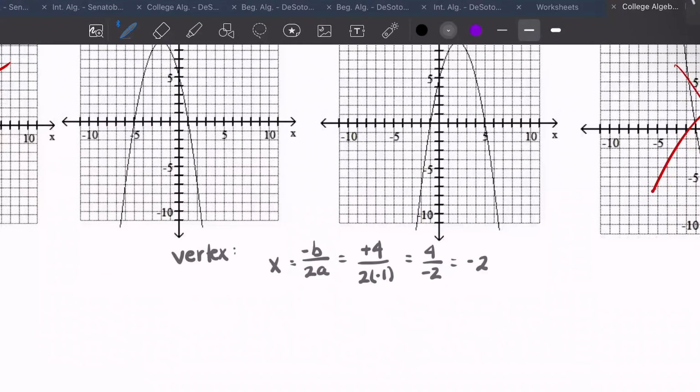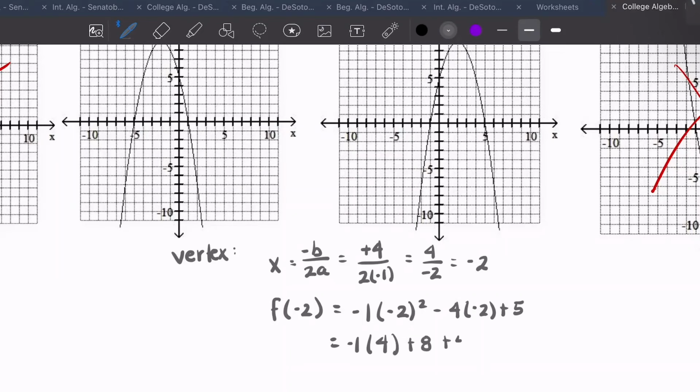I'm going to plug that value in to our function. So f of negative 2 is going to give me something that looks like this. So I get negative 1 times 4 plus 8 plus 5, which is 9.